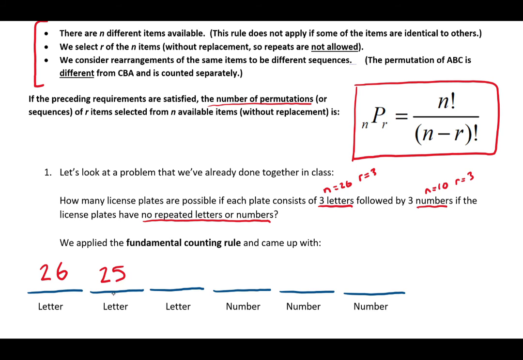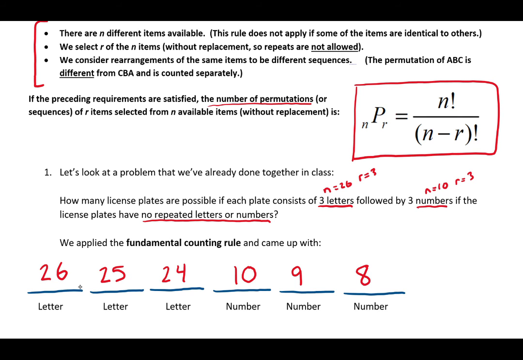And once we've chosen 2 letters, we're down to 24 choices. And now for that first number, we have the digits 0 through 9, so we have 10 choices. Once we've chosen one of those 10, and repeats are not allowed, one of them is gone, so we're down to 9 choices left. And then for that last number, we're down to 8 choices.